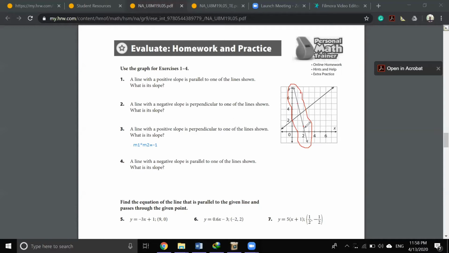Let's begin with the rise. Rising from this point to this point, let's rise 1, 2, 3, 4. Since it's up, it is +4. What about the run? I'm going to the left 1 square, so it is -1 since it's to the left.